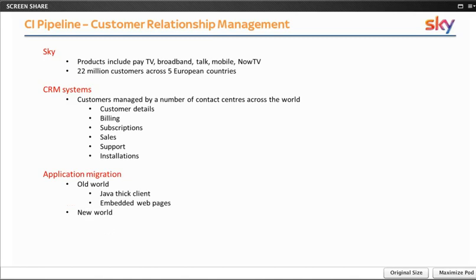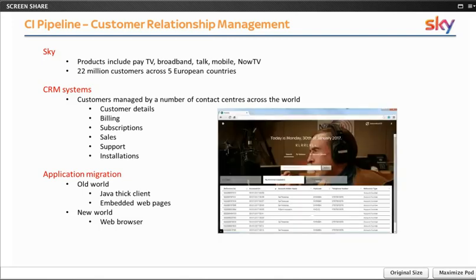And in the new world, we now use a web browser, and that web browser has an embedded Java applet. Now, over time, the functionality of that Java applet will be deprecated and move into the web browser itself.